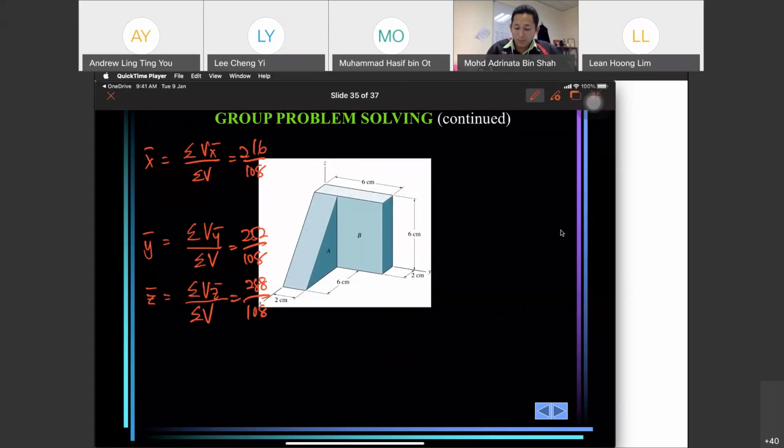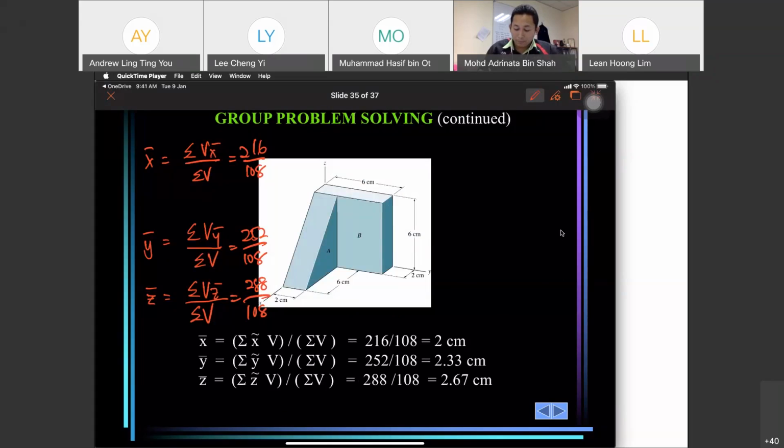So this is the answer for X bar, Y bar and Z bar.